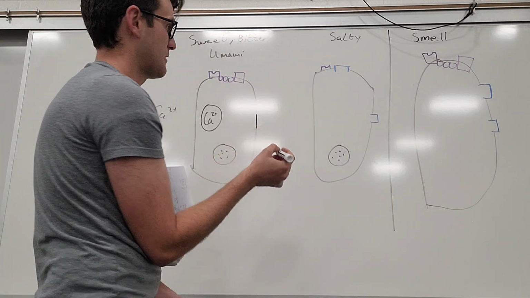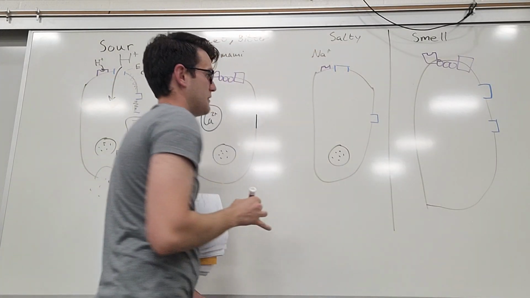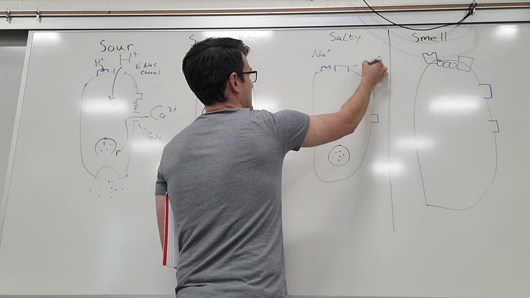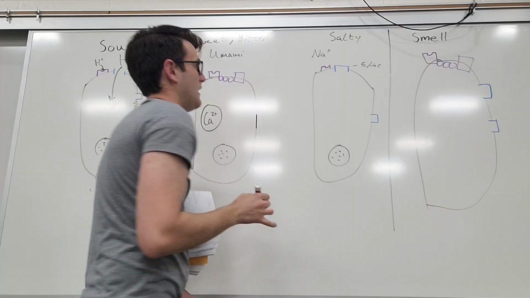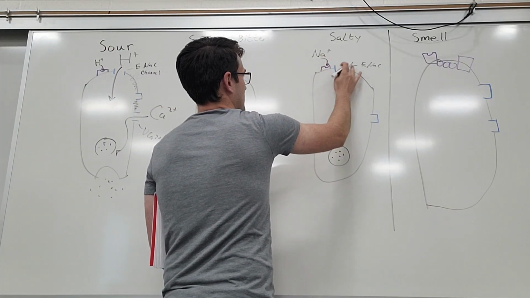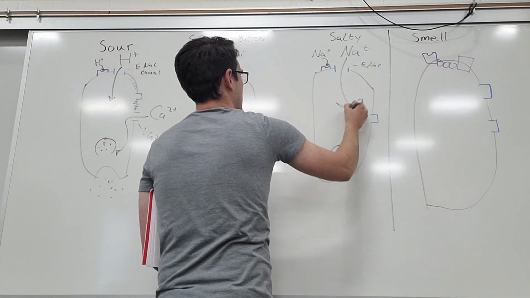Pretty similar, if not mostly similar, is salty. For salty taste, our stimulus is sodium ions. It's essentially the same thing. We again have an ENaC channel. Sodium comes in, binds, and opens up this ENaC channel, allowing more sodium to rush in.